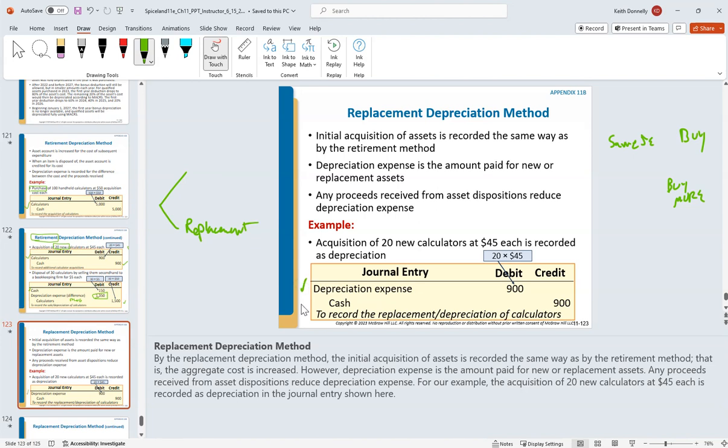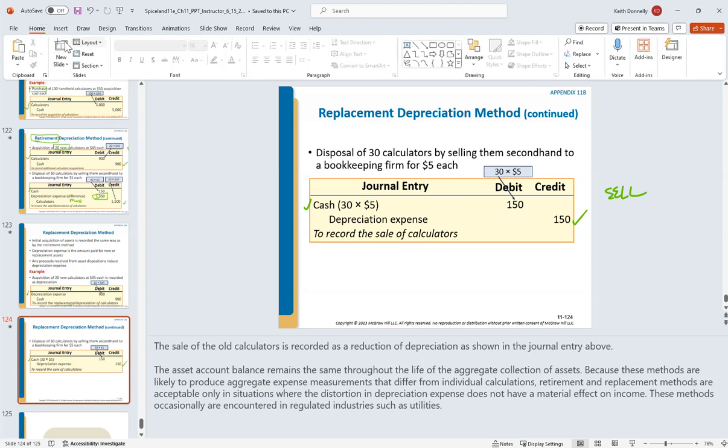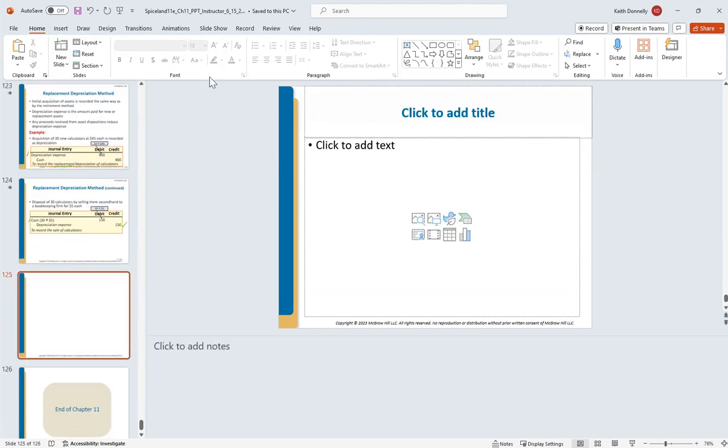Here we take the depreciation expense, essentially recording the replacement depreciation of the calculators. We're basically replacing the old calculators here. And then whenever we sell under the replacement depreciation method, we'll do debit cash and we'll hit depreciation expense for that.